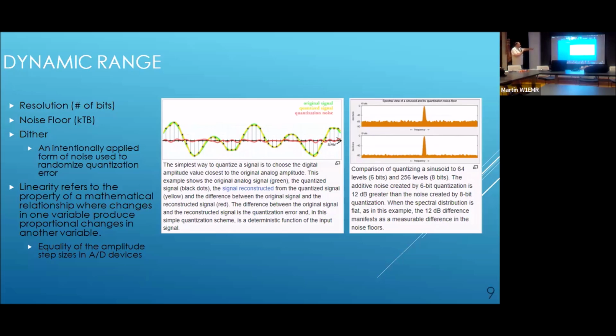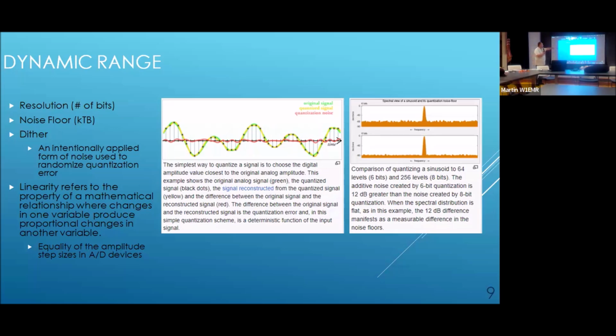Okay, then we have linearity, which is, are the step sizes exactly equal throughout the range? Is the step size at a very large signal the same as the step size at a very small signal? That equality of the step sizes is known as linearity. On the right, you see that we have a 6-bit signal, and you can see the noise, which is the quantization error, and the signal rising above the noise in a little spectral display.